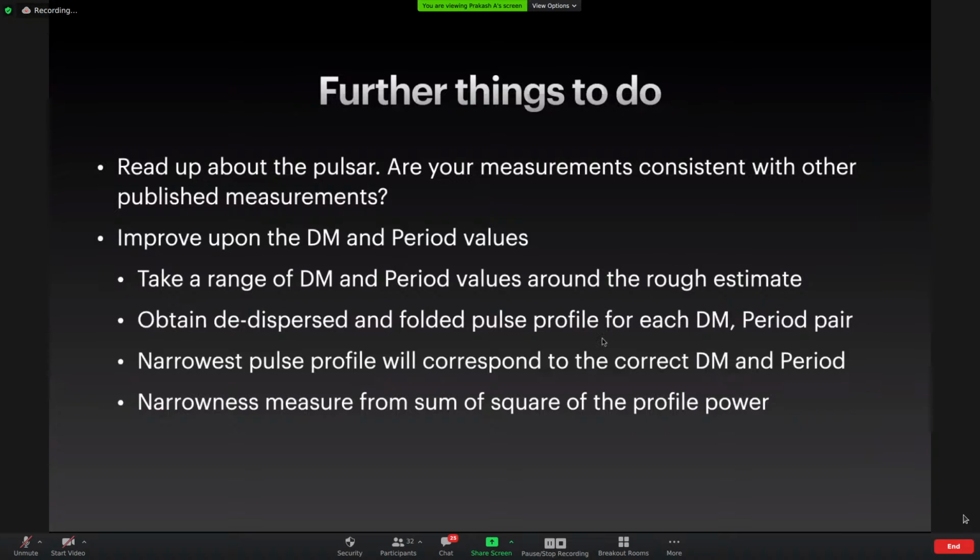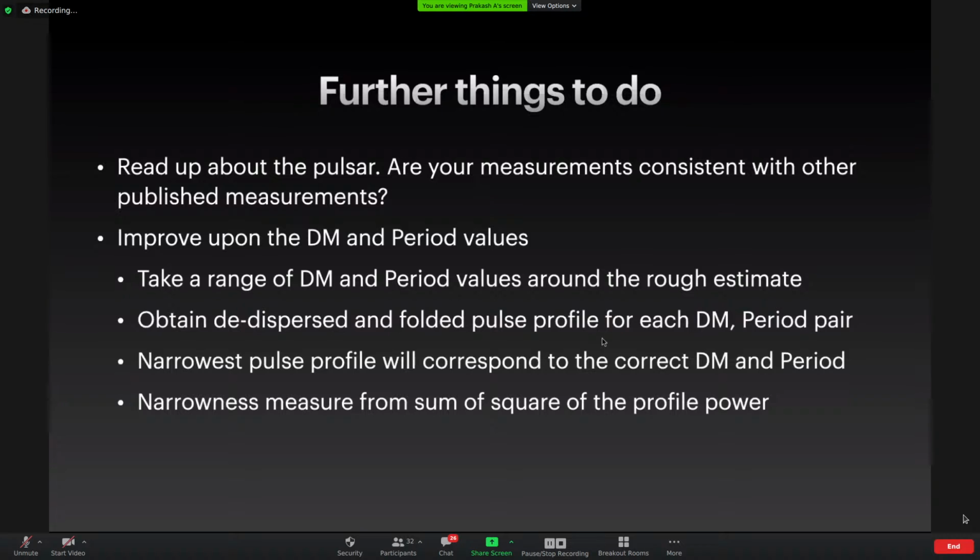go by the principle that the effect of an incorrect dispersion measure, which tends to smear the signal in frequency, or a wrong period, which tends to smear the signal in time, is to essentially broaden the pulse.